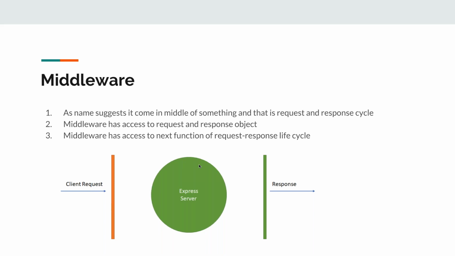So middlewares are something that is very important for you to know. Like I already mentioned, middlewares sit in the middle of the request response cycle. The middlewares have access to the request and the response object, and they also have access to the next function of the request response lifecycle.